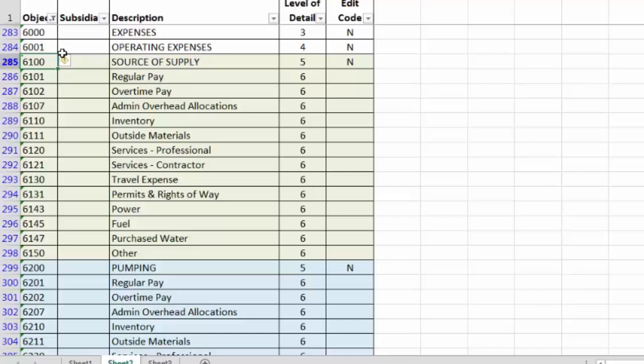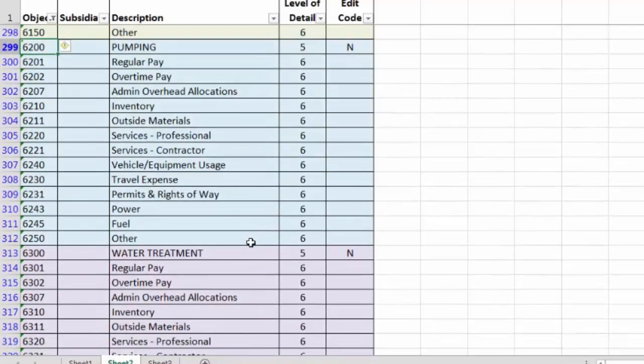But my groupings, again, are very consistent. Source of supply is all 6,100. Pumping is all 6,200. Water treatment is all 6,300.